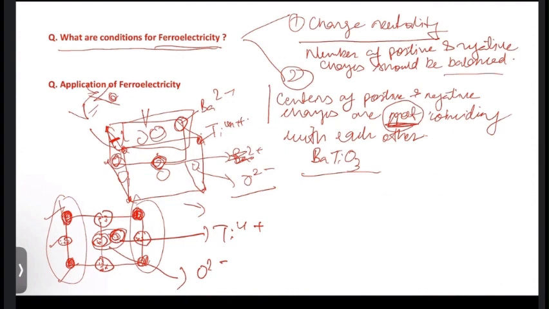And since the center is not coinciding, the moment is not zero. The dipole moment which is produced is not zero, and hence there is a creation of polarization.